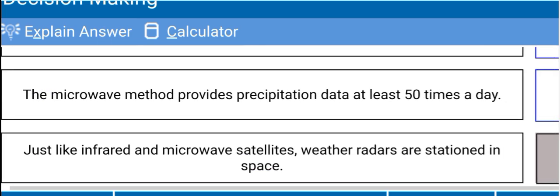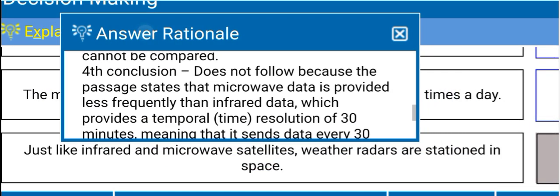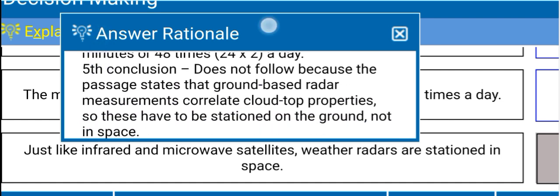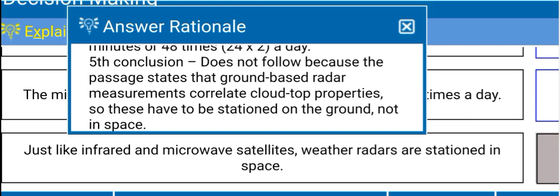Next we have the fifth conclusion, which says just like infrared and microwave satellites, weather radars are stationed in space. It does not follow because the passage states that ground-based radar measurements correlate cloud top properties, so these have to be stationed on the ground, not in space.